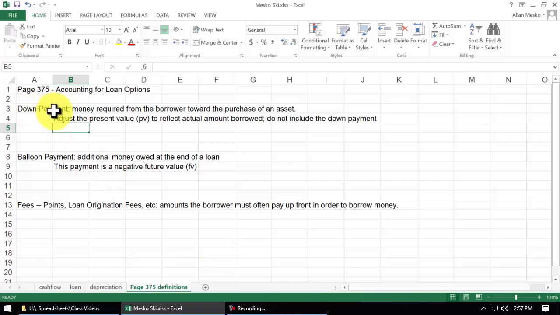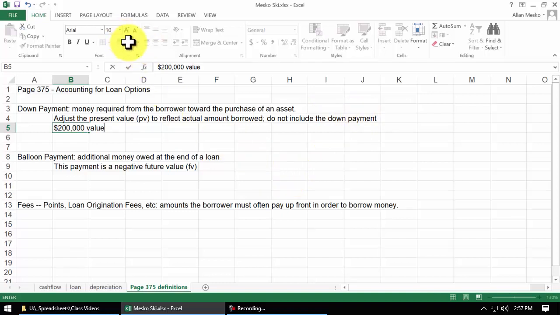I think most of us are familiar with that. That's money required from the borrower toward the purchase of an asset. You pay that money up front. So for instance, the example they use in the book is a $200,000 value on a house. Typically, a bank is not going to loan you the entire value because you might move out without paying any payments and you might cause thousands of dollars of damage to the house.